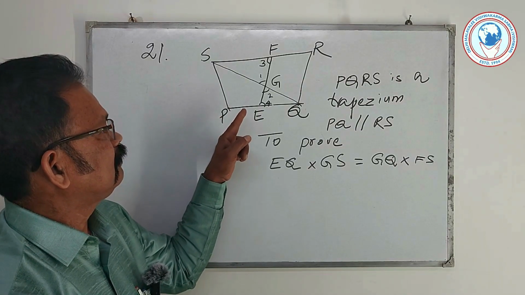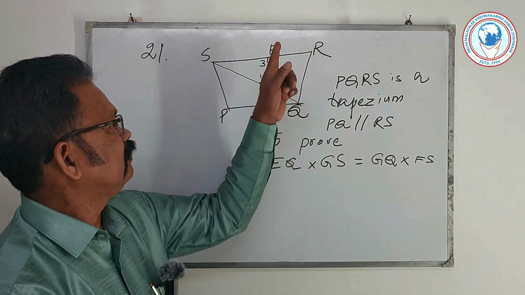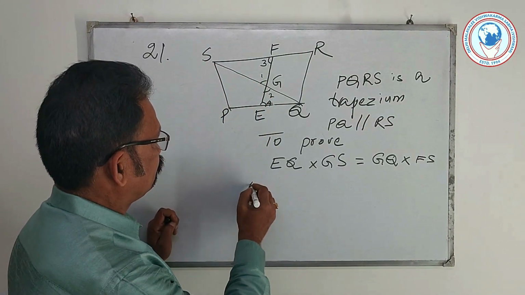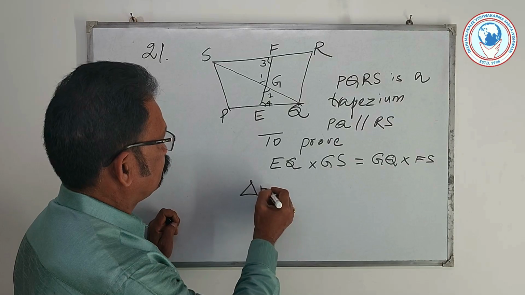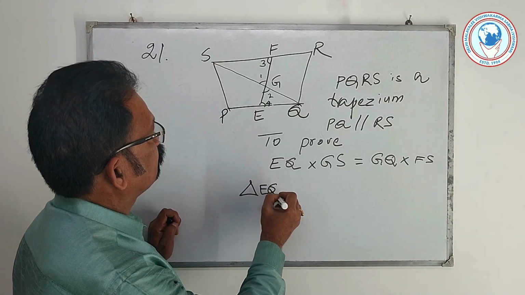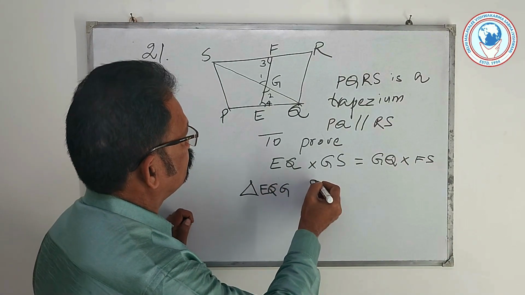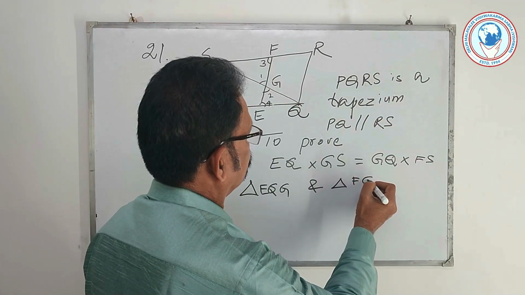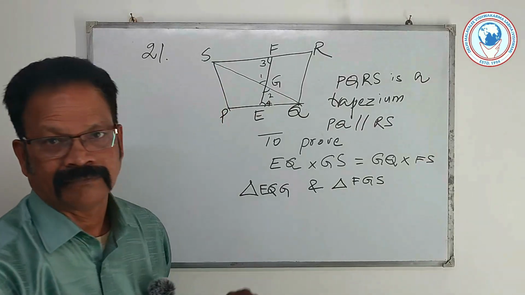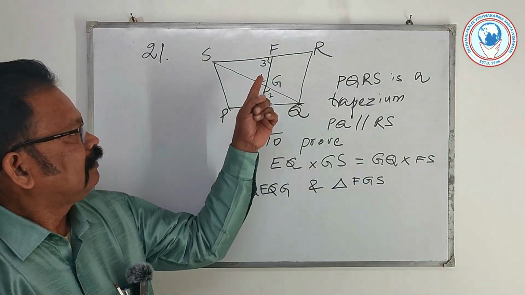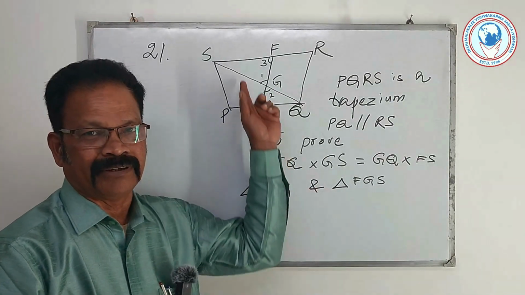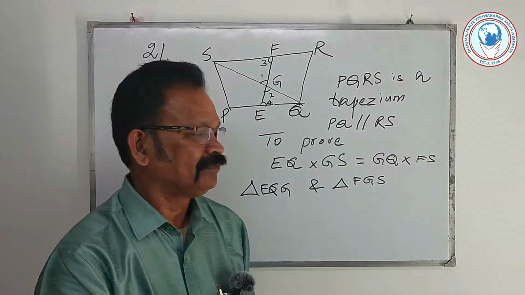Consider the triangles EQG and FGS. Angle 1 equals angle 2 because they are vertically opposite angles.